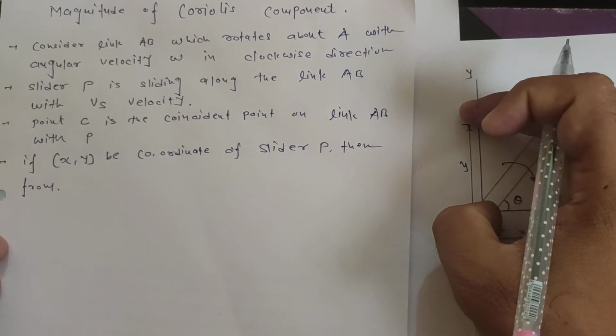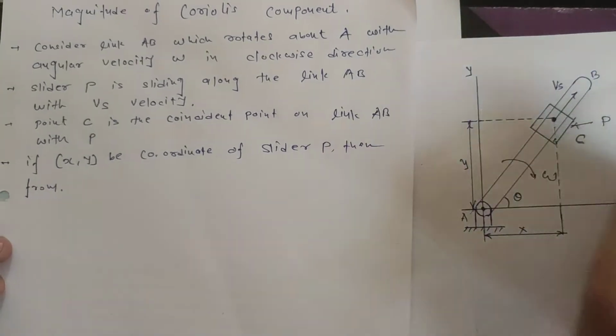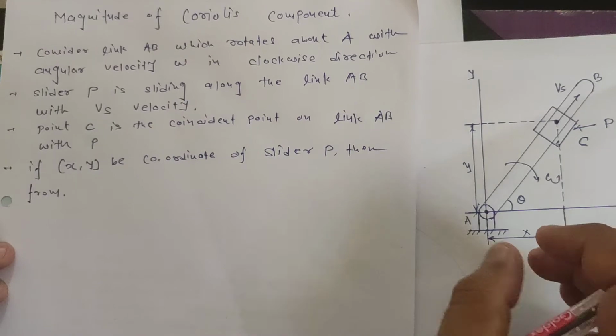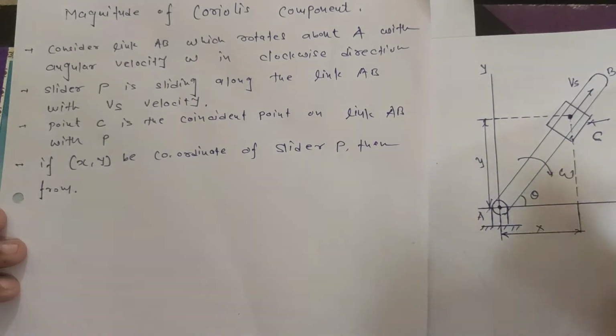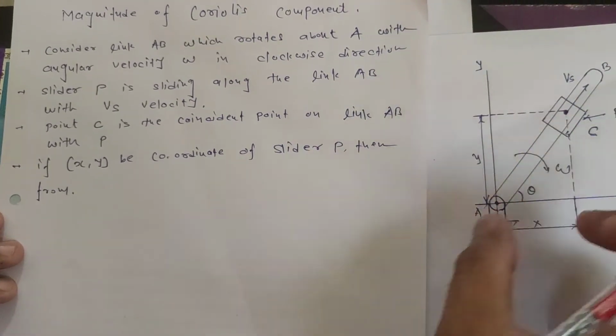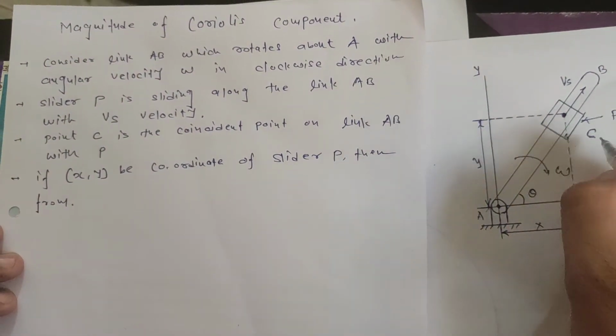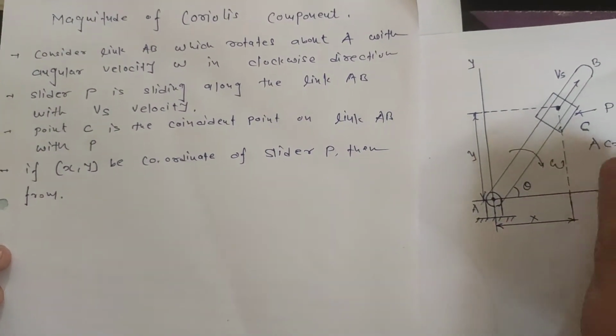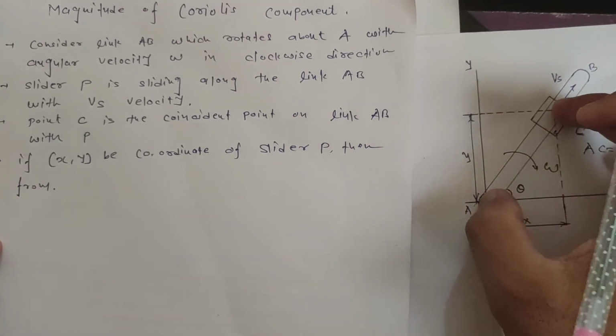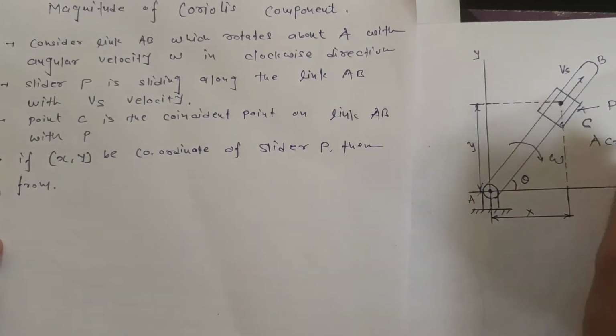And AC is equal to r, the radius. This distance AC is equal to r.